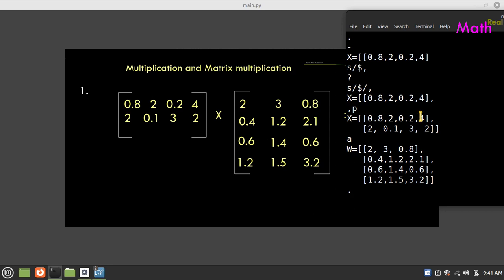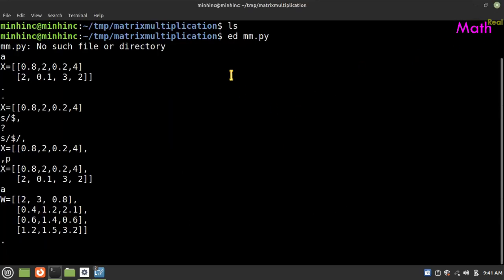So this is the matrix finally. Okay, so our matrix is complete. So we'll proceed on writing the code.